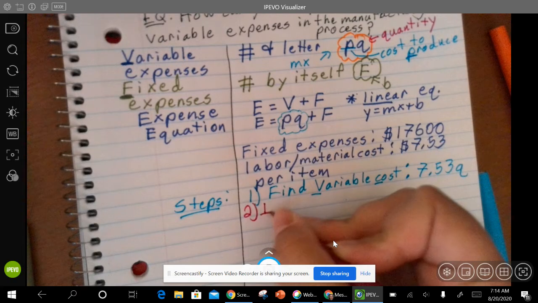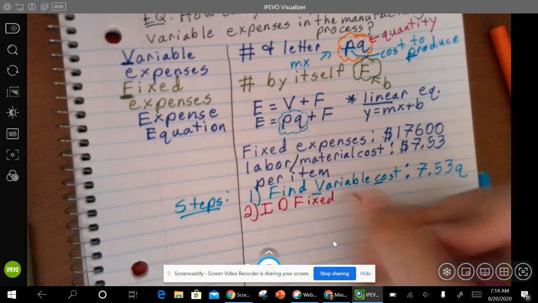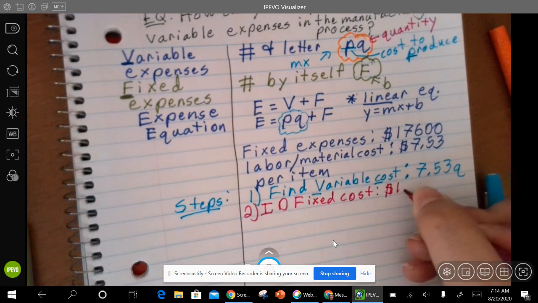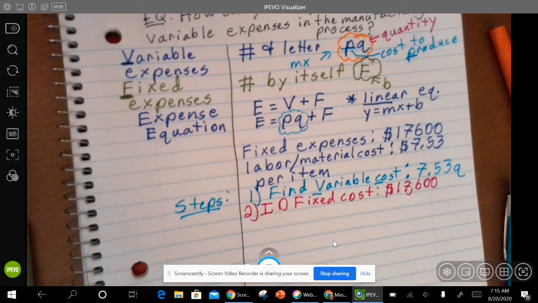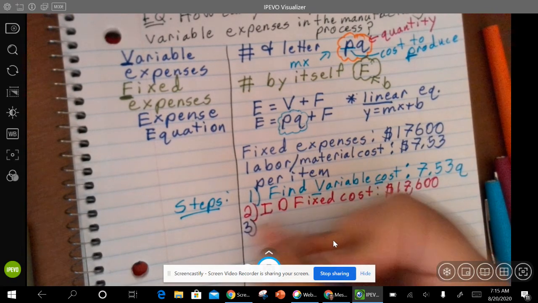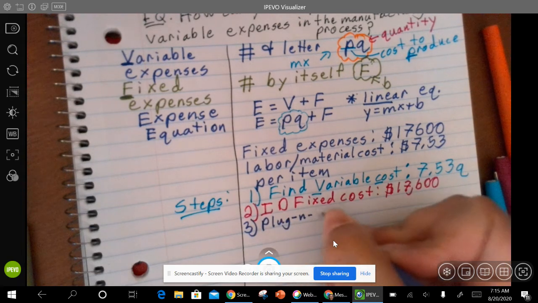Remember, everybody, you want to read the problems carefully. So we identify our fixed cost, which is $17,600. And then we're just going to put it all together. So plug and check.